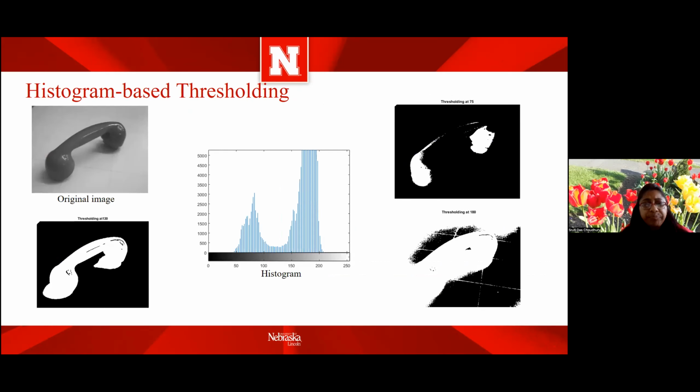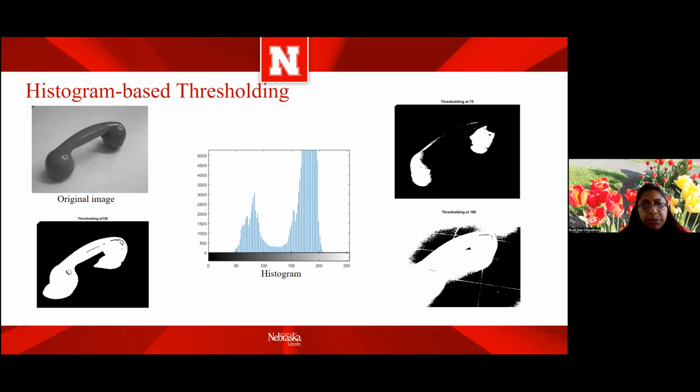Histogram-based thresholding. This example shows a segmentation based on histogram, which is also pretty good in the case of images where we have a very distinct foreground and background. As we can see, there is a simple telephone, a land phone which we used long ago, and the background and foreground are quite distinctive from each other.